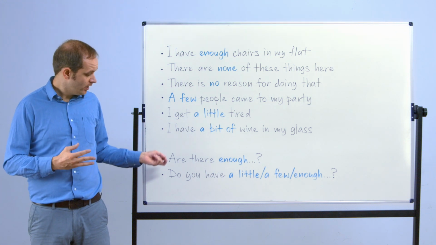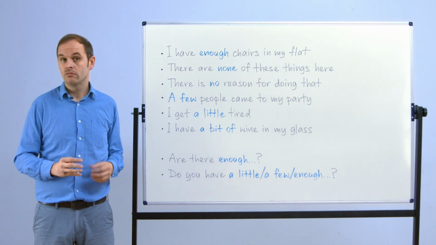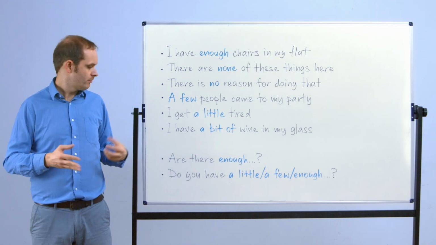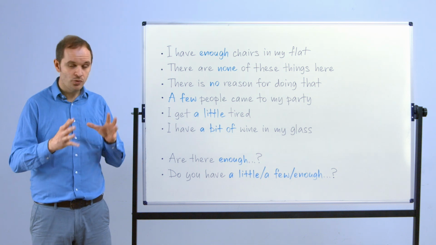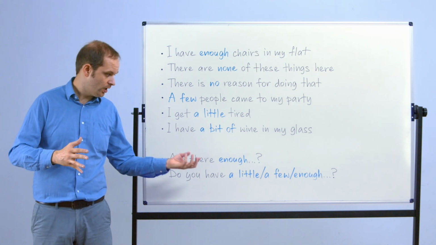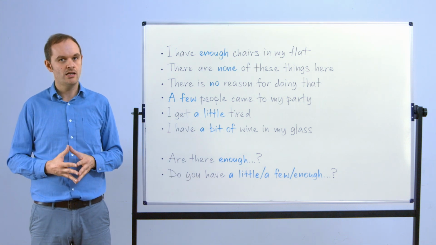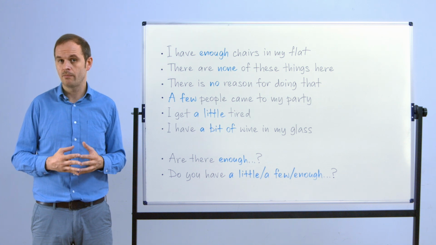And in the same way, do you have a little, as in a small number, a few, a healthy number, or enough, the exact number, in the context of a yes-no question? And again, the important thing to remember is, if you asked a question using a little, that doesn't mean your answer has to contain a little. Choose the correct quantifying phrase that's most useful for you.